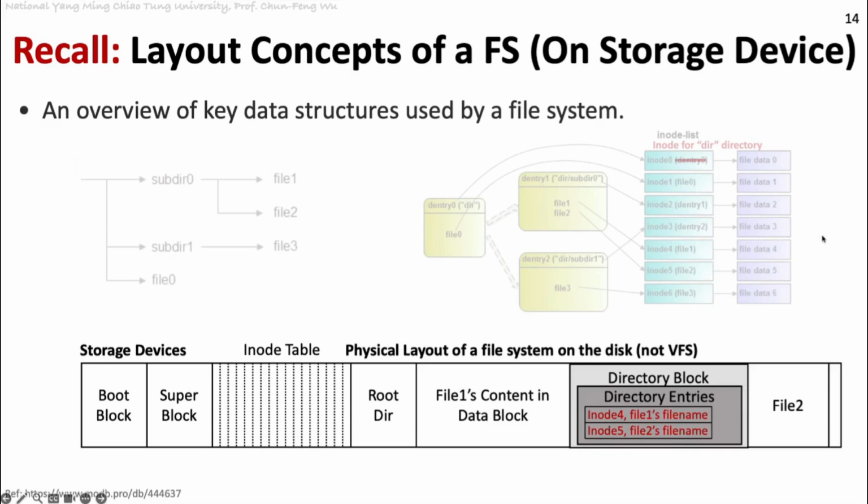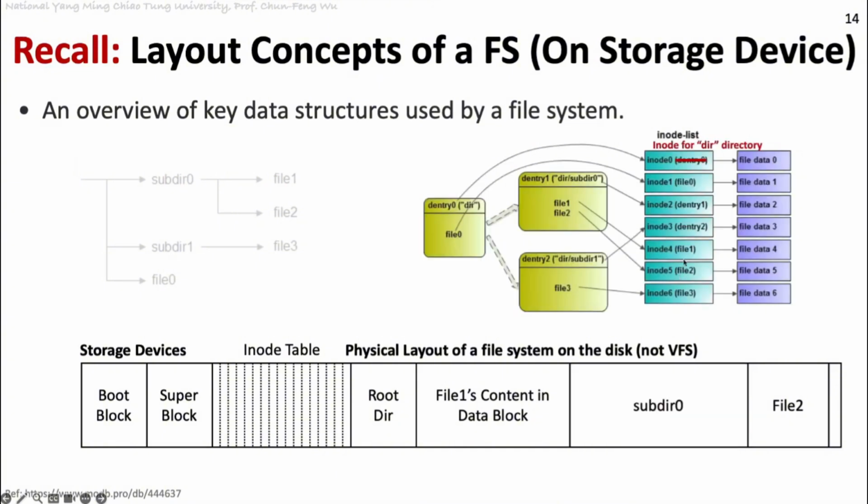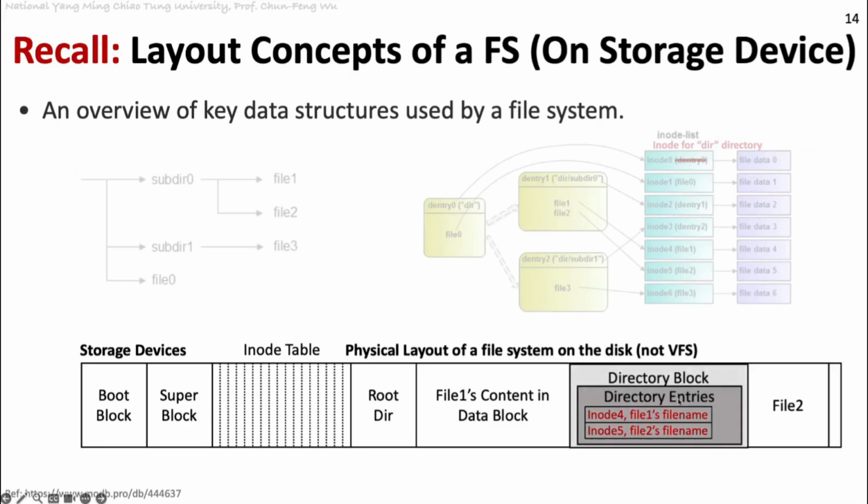The inode for file 1 here is 4, and the inode for file 2 here is 5. So the first directory entry goes to inode 4, and it also maintains the file name for this file. Also, inode 5 belongs to file 2, and its entry also stores the file name.